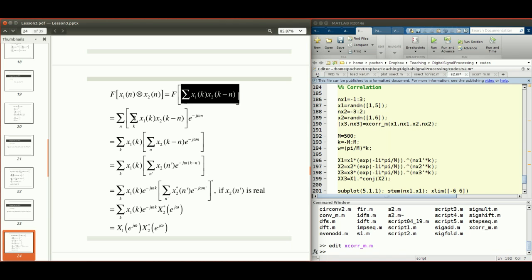Now the input signal is not x[n] anymore, it's the whole thing inside the square bracket. Again, x1[k] doesn't depend upon n, and this summation over k doesn't depend upon n, so we can take this thing out and switch the order of the summation over n and the summation over k. So here it's summation over n, and then x2[k minus n] e to the minus j omega n.